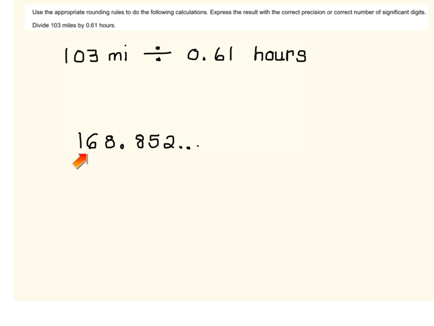Now, when you're rounding a result, you round it to the most significant digit based on what you started with.